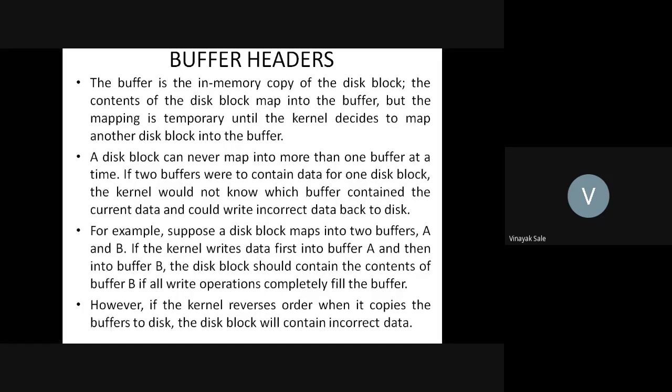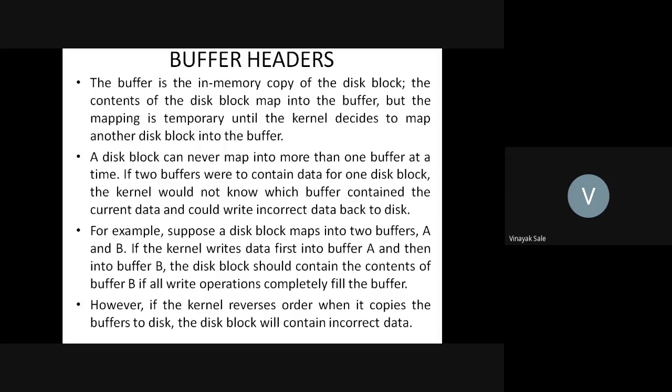If two buffers contained data for one disk block, the kernel would not know which buffer contained the current data, and could write incorrect data back to the disk.